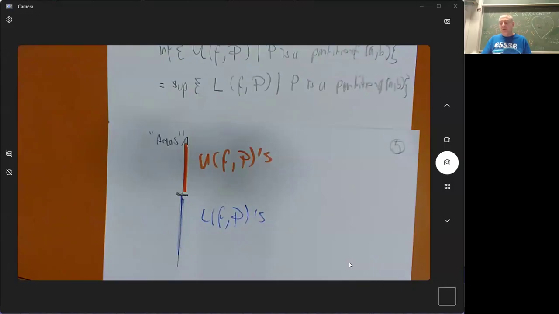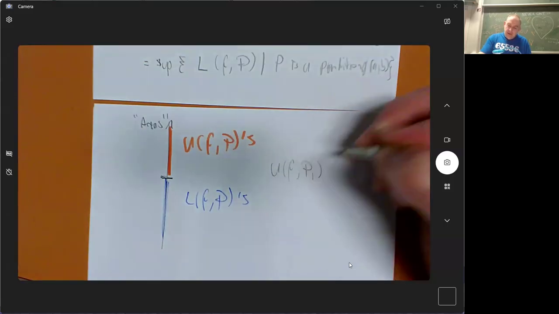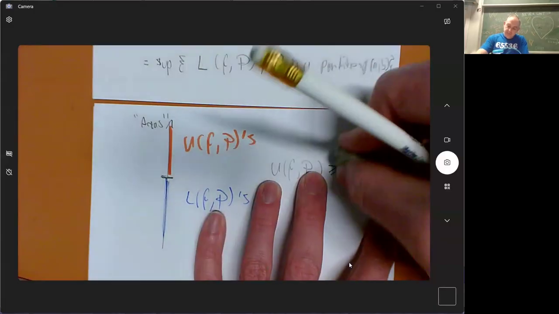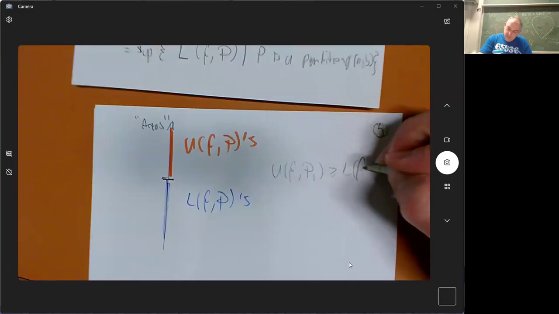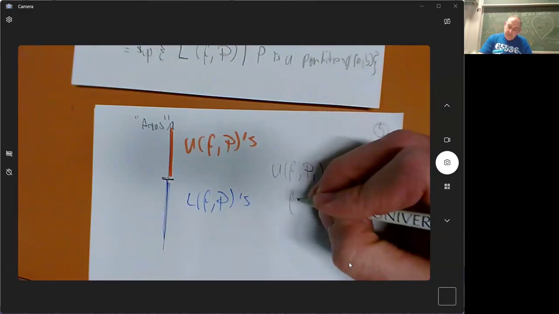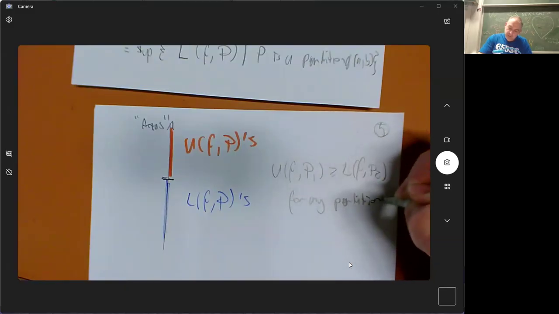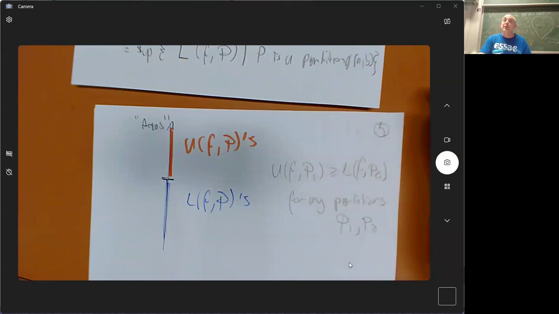And it is definitely true that for any partitions P1 and P2, U(F,P1) is greater than or equal to L(F,P2), even if they're the same one. Especially if they're not the same, that's really important.